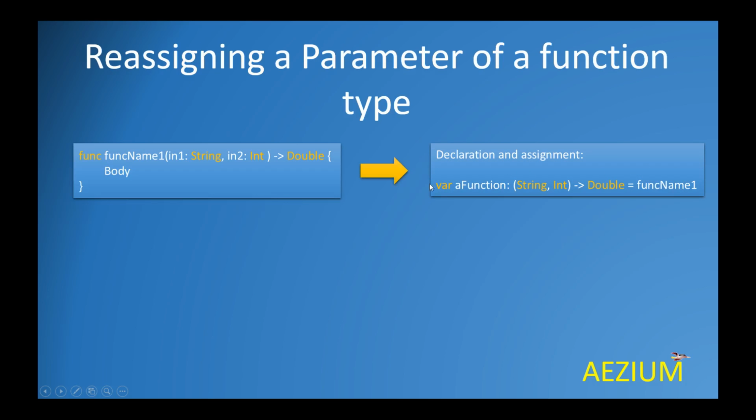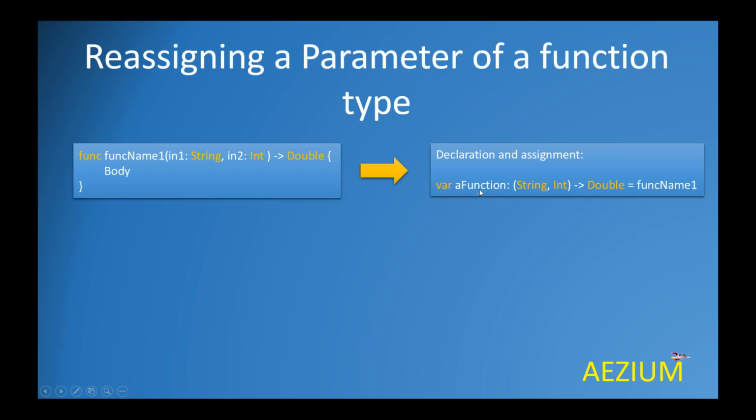In this example that I'm showing here, we are defining a variable called a function, which is of this function type, and then we are assigning a function called funcName to our parameter here. FuncName is defined like so, and if you compare the function type of this parameter with the function type of this function, you notice they are the same.